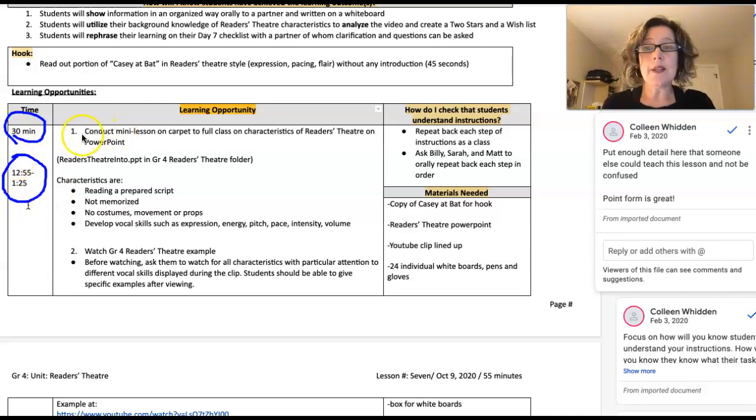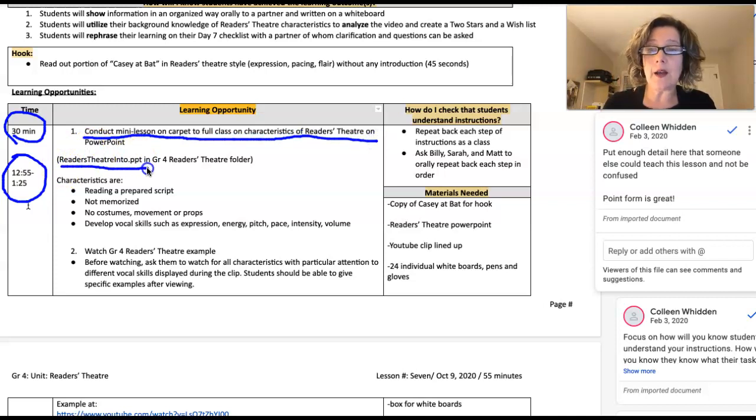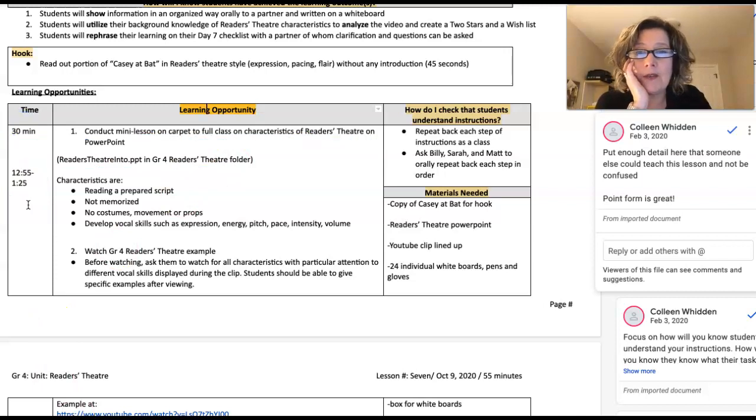Okay, so this is what I'm going to do. You should be able to visualize what I'm doing. Conduct a mini lesson on carpet to full class on characteristics of Reader's Theater. My PowerPoint is under Reader's Theater into PowerPoint in grade 4 Reader's Theater folder. Be super specific about where your resources are. If you just use PowerPoint, you will curse yourself if you can't remember where you put the PowerPoint, or you want to come back to this lesson in a year.